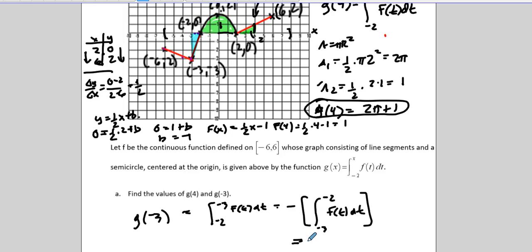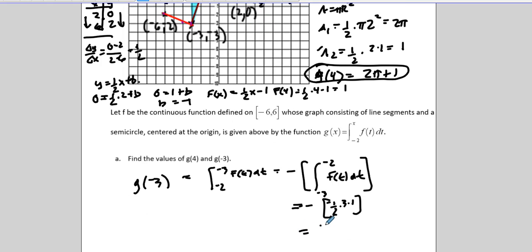This is going to be the negative of 1/2 times the base 3 times the height 1. So in the end, though, a double negative makes a positive, so my answer is going to be 3/2. So g of negative 3 is 3/2. So that's part A of our question.